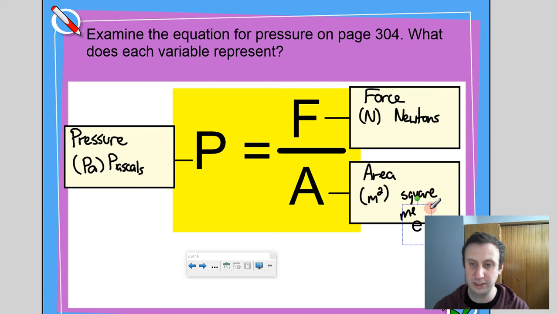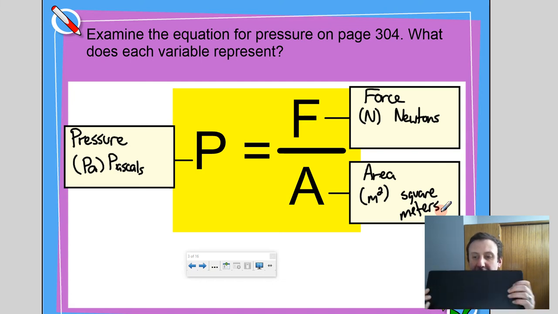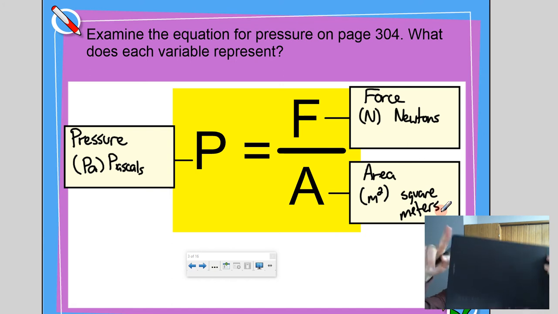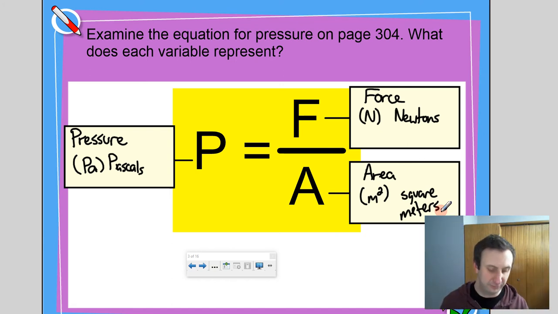So for example, when you talk about houses and how much square footage they have, that's feet squared. You could also measure that in square meters. So it's just how large a surface is. All we do to figure that out is we measure the length and then we measure the height. I multiply those two things together and I have my area, my square meters.